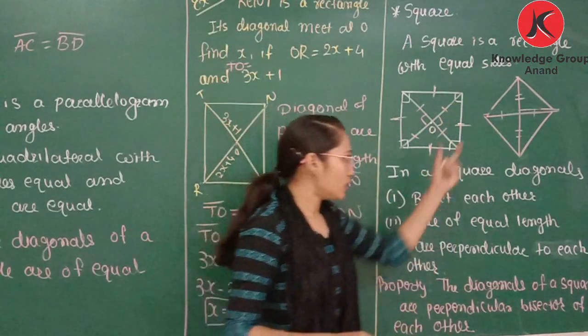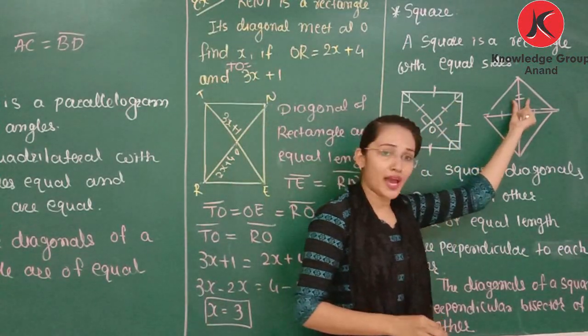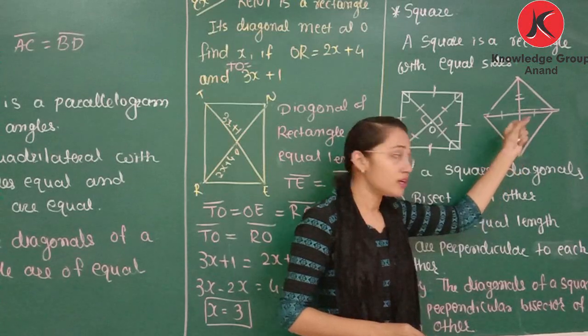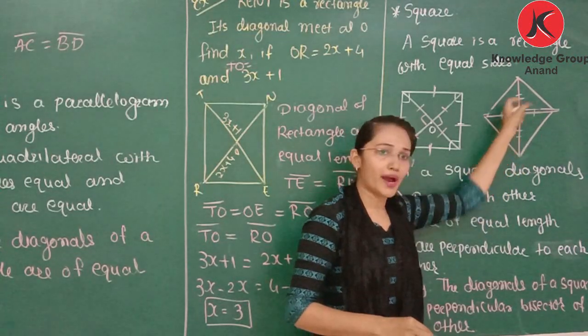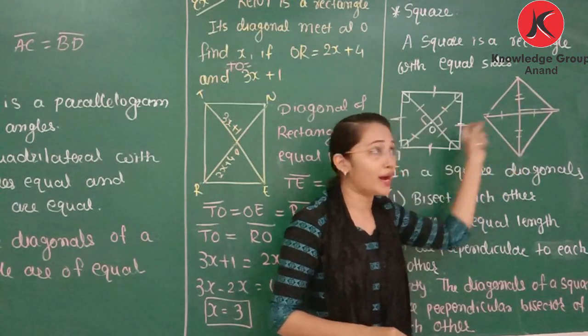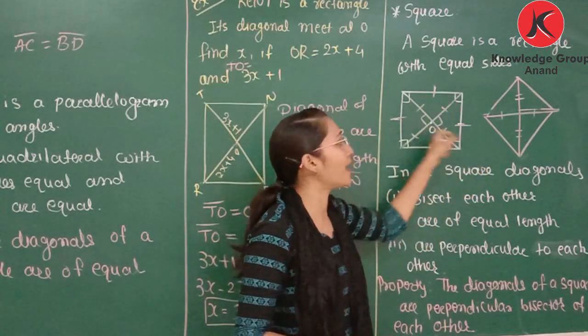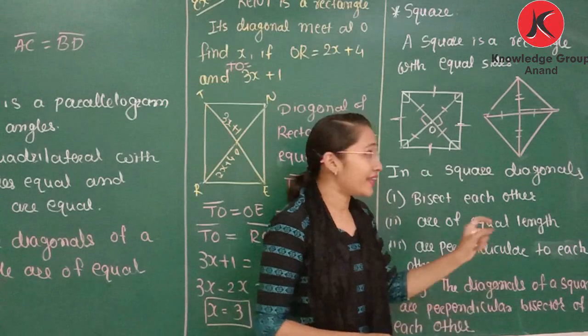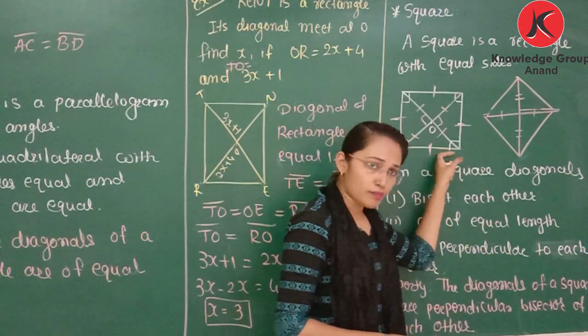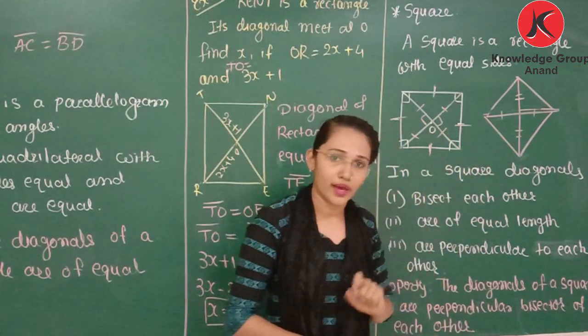Okay, so if diagonals bisect each other in a rhombus, then these two parts and these two parts will be same, but in a square if diagonals bisect each other then all four parts are same. Clear? That's why square is a rhombus but rhombus is not a square. Clear?